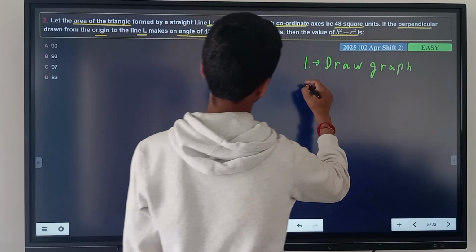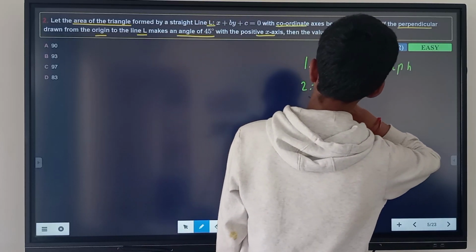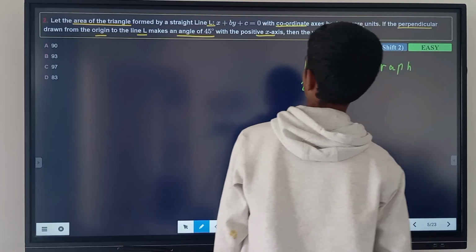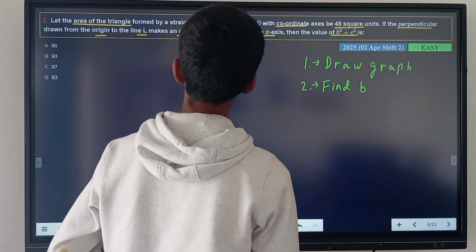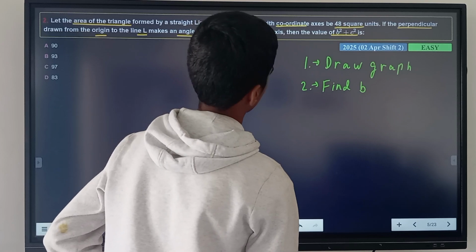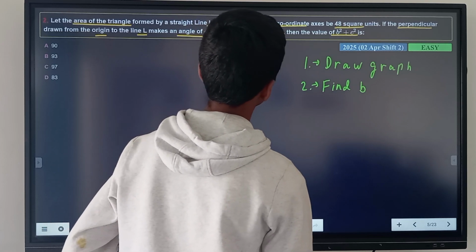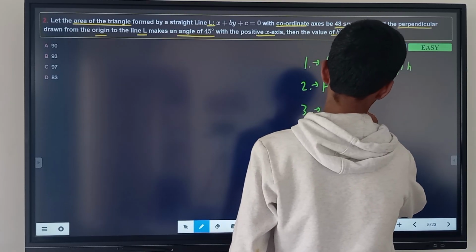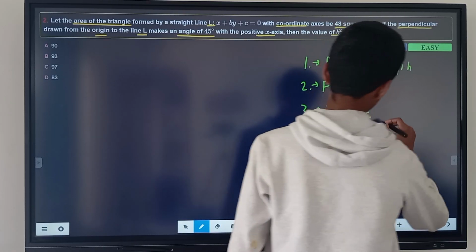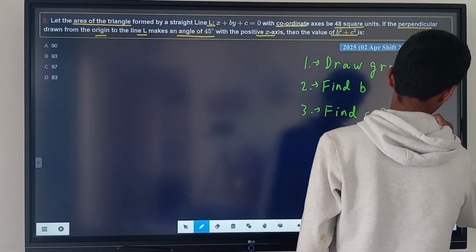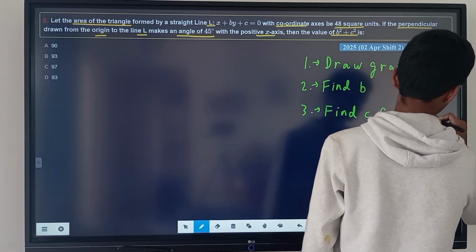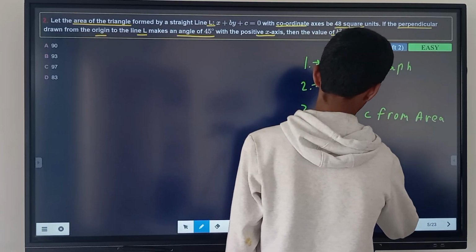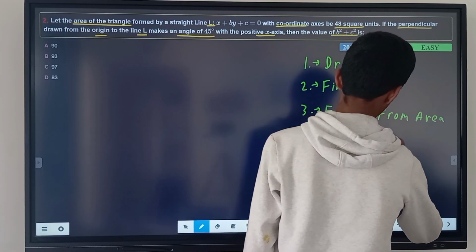Second step is find b from the graph, which makes an angle of 45 degrees. And the third step is find c from the given area. And the last step, find b square plus c square.